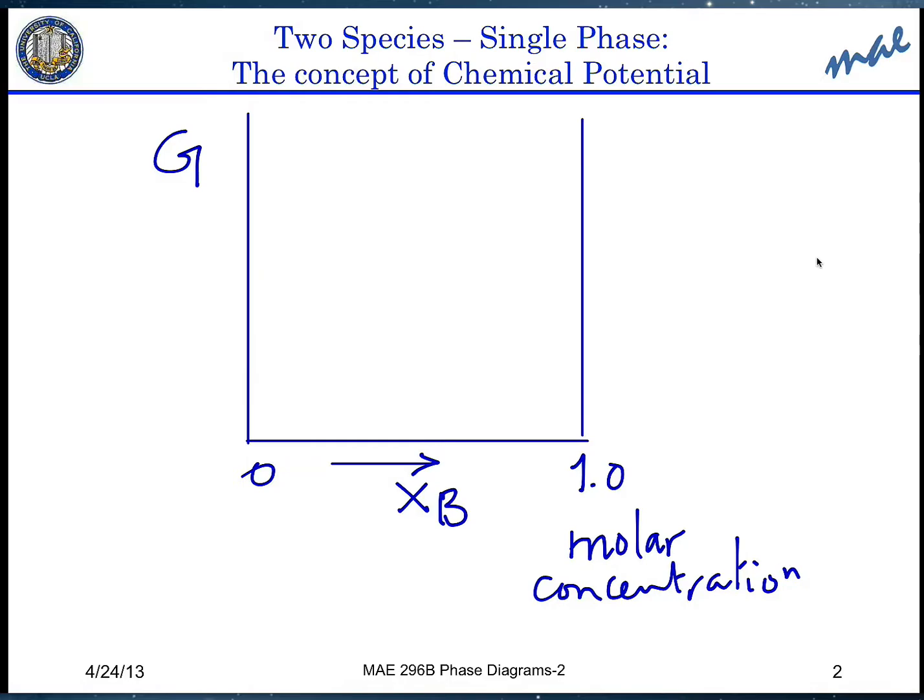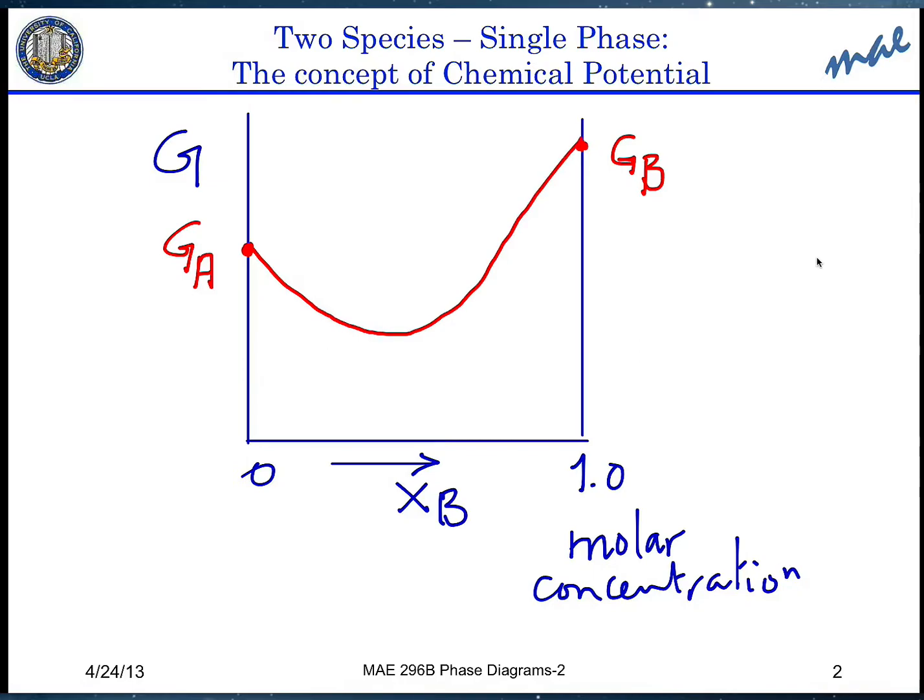So if we plot G, then it will start at a specific value for element A on this side because we don't have B, and it will end up with another value for element B when it's in its pure state. And in between it is going to vary, and let's take the variation to look like this.